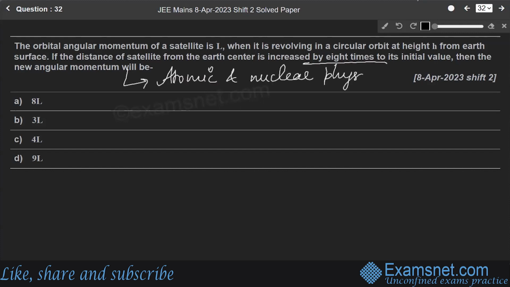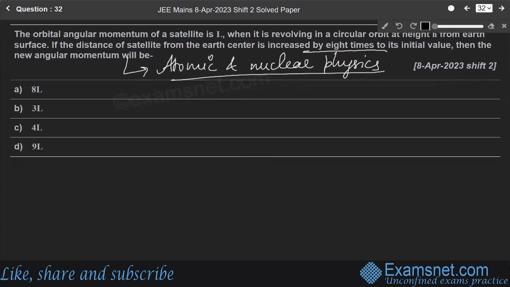Okay, so now understanding this question, the orbital angular momentum of a satellite is L when it is revolving in a circular orbit. Let us say this is our planet of mass M and a satellite of mass m is revolving around it.